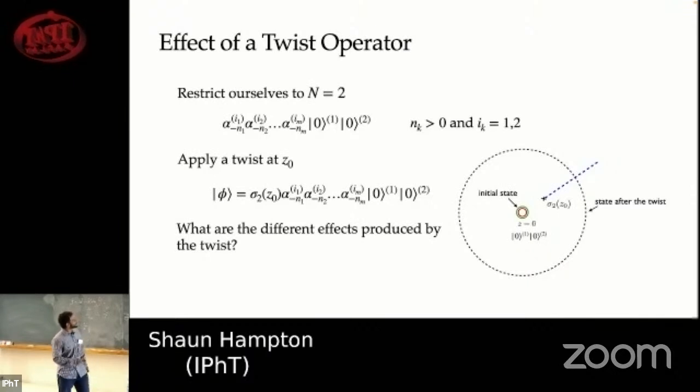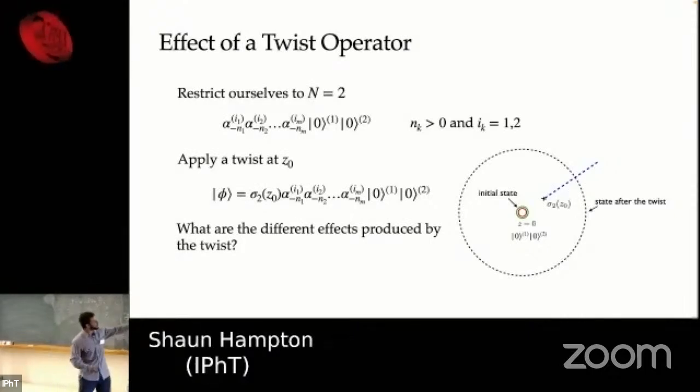Consider an arbitrary number of bosonic modes in the initial state, and I can apply a twist 2 operator at Z naught in the complex plane. A natural question is, what is the resulting state of the action of sigma 2 on these bosonic modes? And what types of effects can we get?